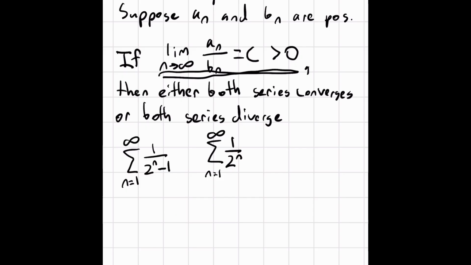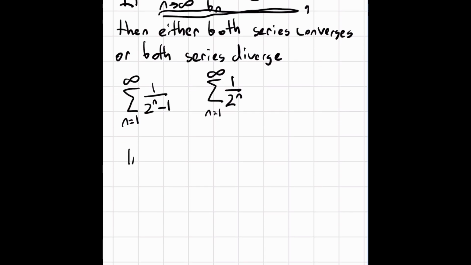So this comparison test would end up failing from before, the direct comparison test, because this is going to be a greater series than this one. So this one converging doesn't tell us anything about what's happening here. So this motivates maybe a different kind of limit test, and that's exactly what we're going to see here.